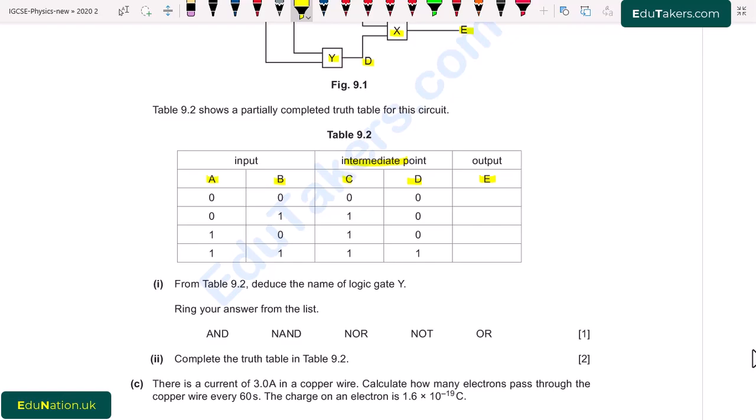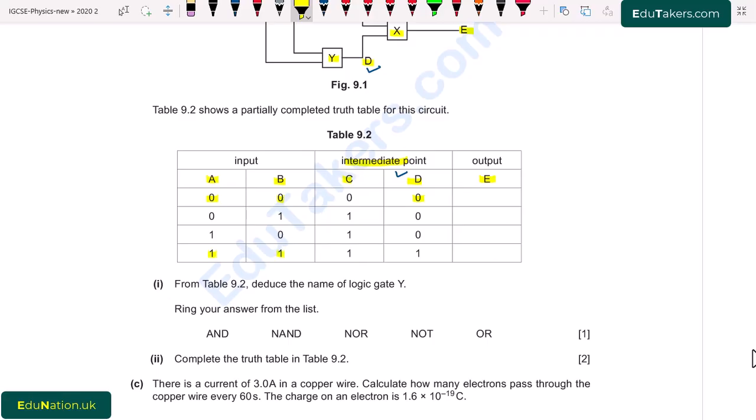Part 1. From Table 9.2, deduce the name of logic gate Y. Here we have to tell the name of the logic gate Y. You can see that the output of Y is represented by D, so I am considering D. The inputs in the first case are 0 and 0, and it gives output 0.